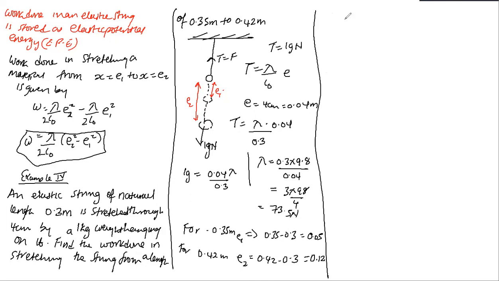Okay, work done shall be defined by lambda over 2 lambda naught of extension E2 squared minus E1 squared. With this, we have lambda as 73.5 divided by twice the natural length, which was 0.3, into brackets 0.12 squared minus 0.05 squared, close brackets.